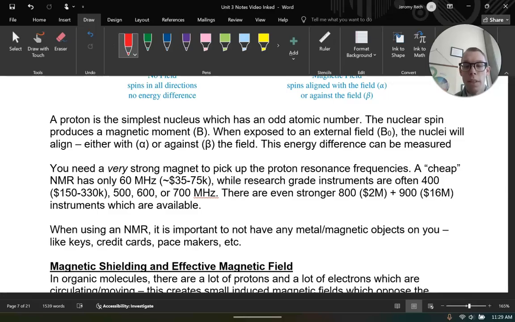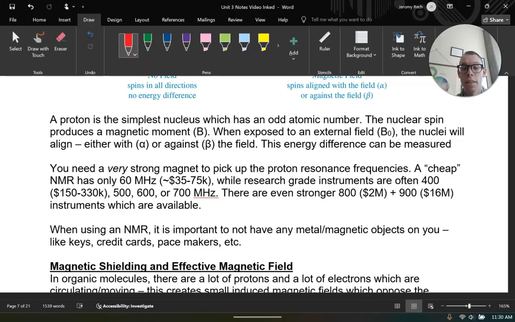The one that we have is 400 megahertz. 500s and 600s are somewhat common. These are expensive, often hundreds of thousands of dollars. As you get higher in megahertz, you're able to pick up and differentiate things much better. As you can see here, an 800 or 900 megahertz are in the millions of dollars.